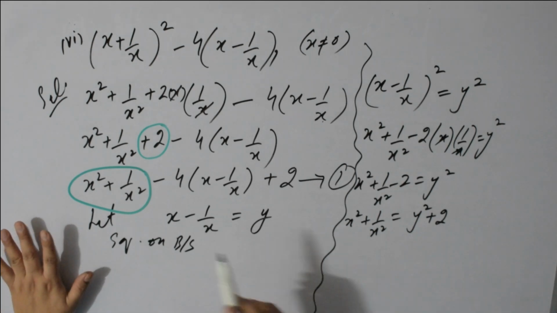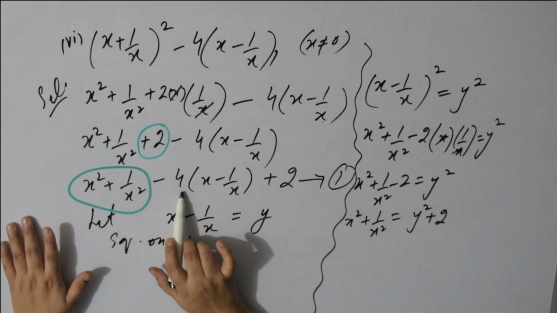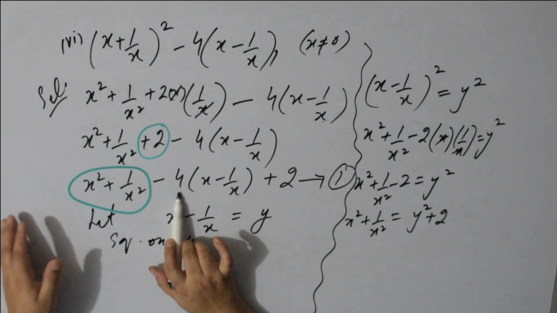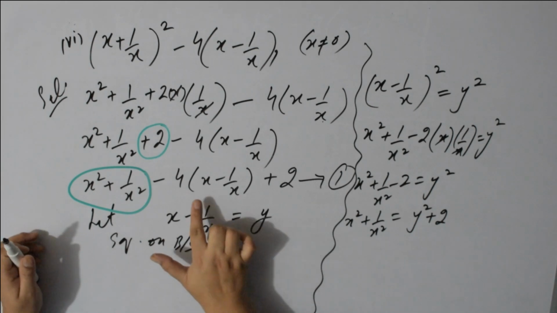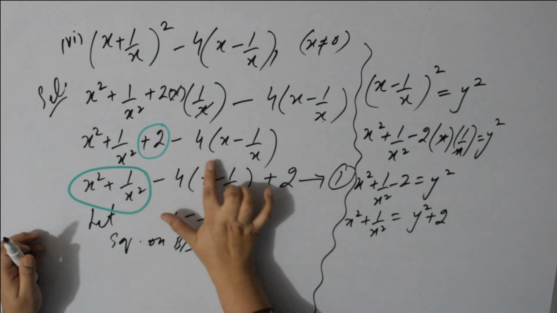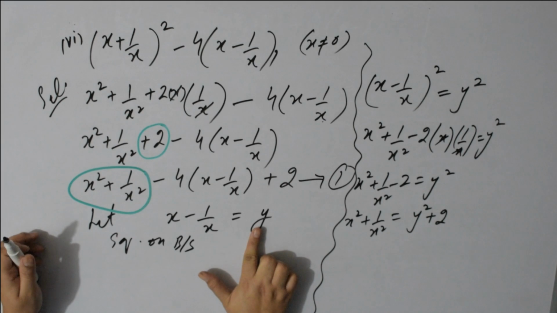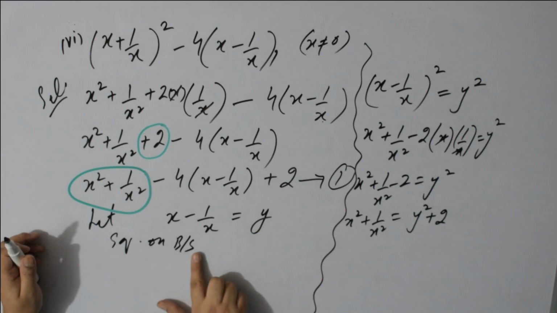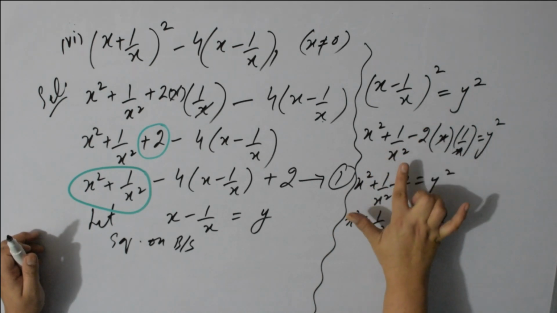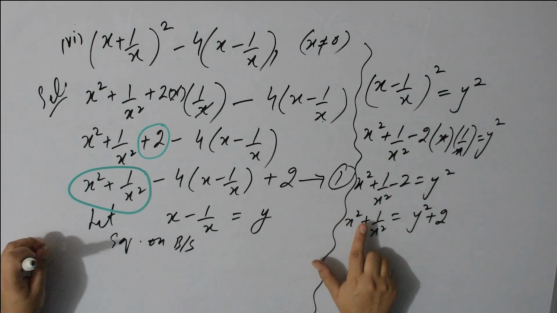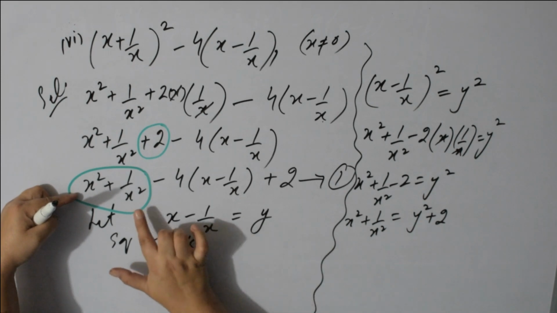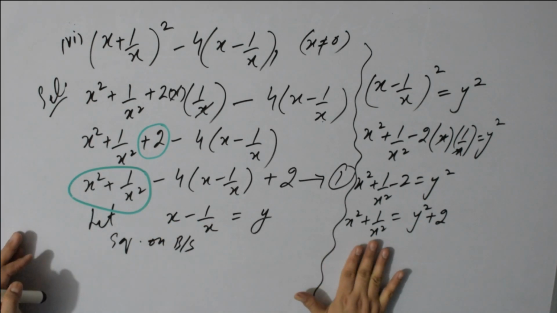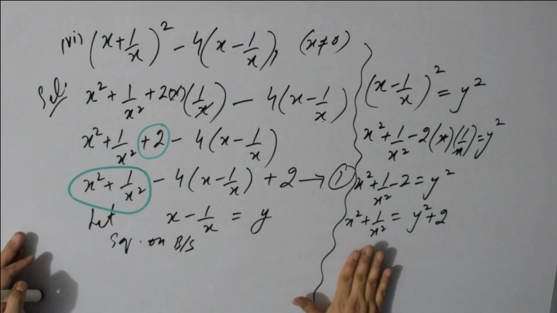Now see students, I am going to reduce this in standard form of my quadratic equation or formula. So what I have done, I let this middle variable as y, then I did its square on both sides and got the value of x square plus 1 upon x square, that is first term. So next step is I am putting the values.